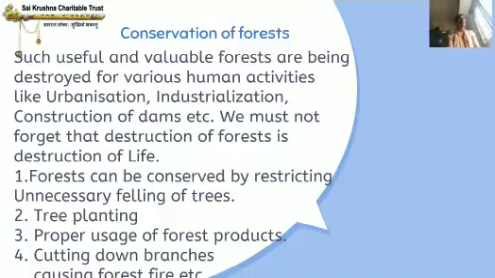But you have to protect the forest. But how? By restricting unnecessary felling of trees, and you have to plant trees, and you have to properly use the forest products and avoid cutting down branches and causing forest fire.